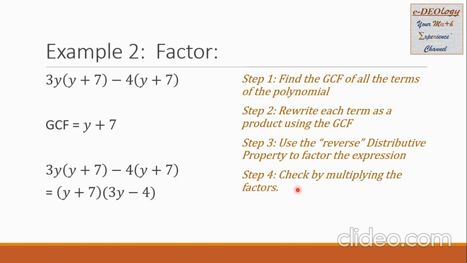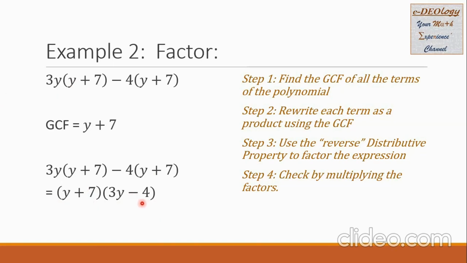And step 4, let us check by multiplying the factors. So we want to multiply these factors and hoping that we will get back the original problem. So the first group is this 3y times the GCF. If I multiply by the first group or the GCF, I will get the first group here.